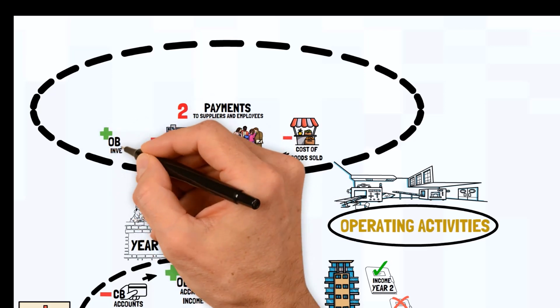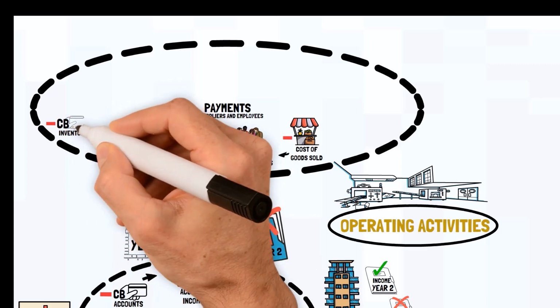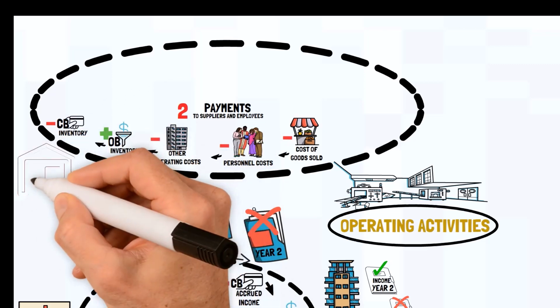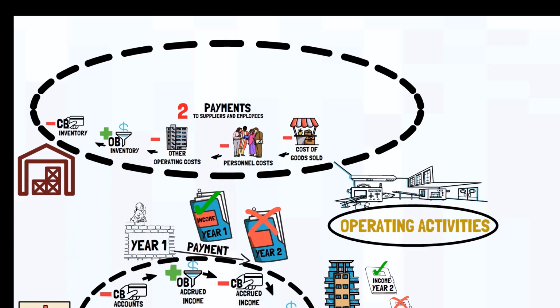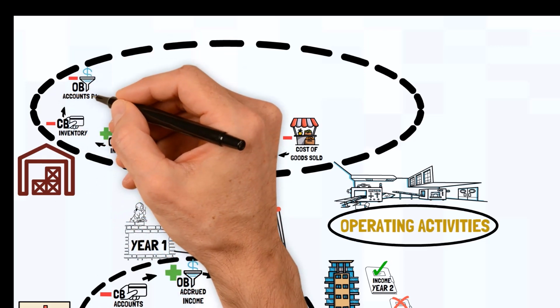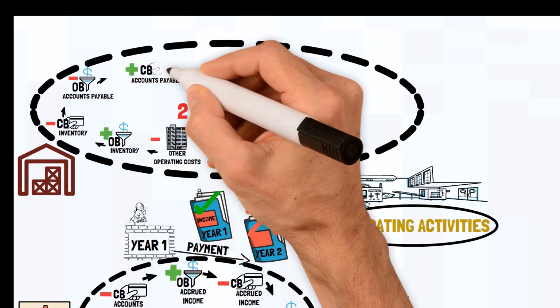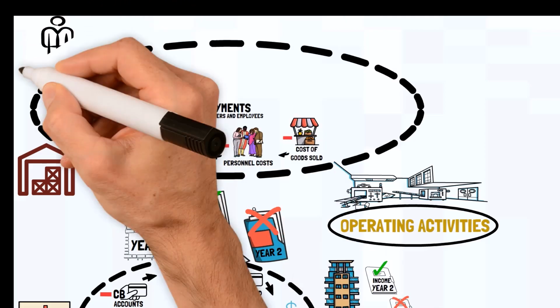Add the opening balance inventory and reduce the closing balance inventory. Inventory can be anything from raw materials to goods and products. Subtract the opening balance accounts payable and add the closing balance accounts payable. It represents the money owed to the creditors.